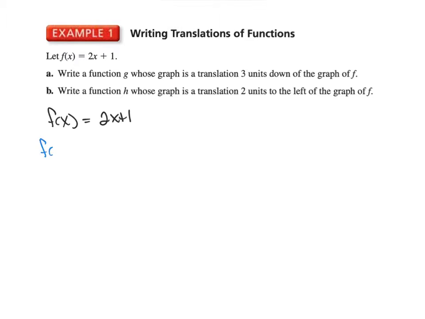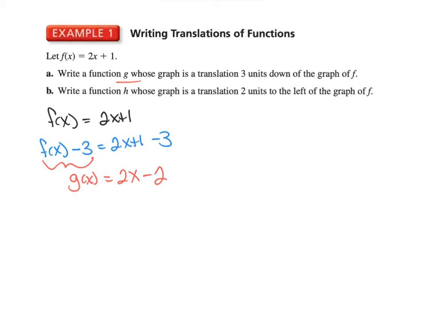So f of x, and down is negative, so it's minus 3. We'll call this g. So g of x is equal to, let's simplify the right side, 2x minus 2.